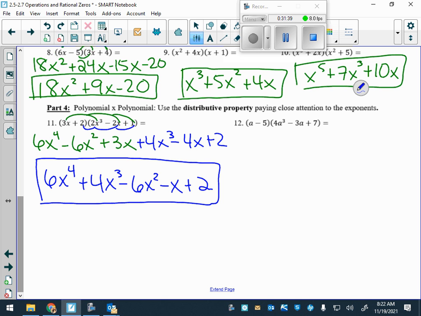Okay. So you're distributing the first term, 3x, all the way through. Then the 2x. Then you're combining like terms wherever you can. Okay. Try 12. That's number 12.